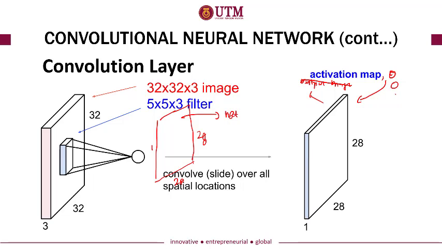Why do I change it? Because in a CNN, when you call it a convolutional layer, it doesn't just involve a convolutional operation. Yes, this one is a convolutional operation, and once you apply it, what you get here is net. If you slide over the entire image, you get a matrix of net.